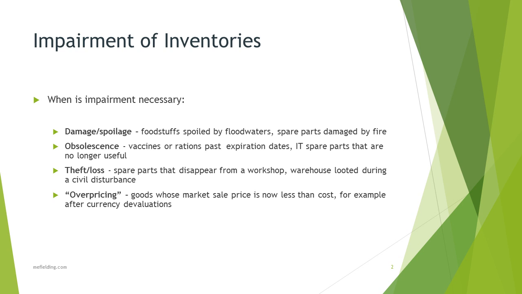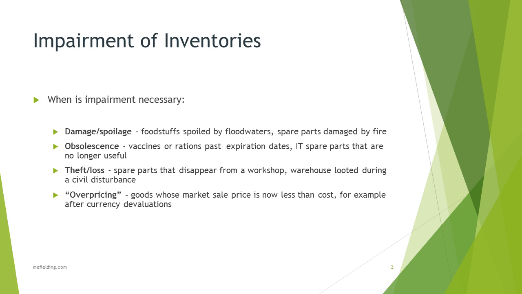Can't say I'm really sure what IT spare parts are, but this could be the kind of thing where you've purchased Microsoft Word discs, and now it's Word 2003, and you're obviously up to 2010 or whatever, and those things are actually just no longer compatible. So we get IT parts where there's discs with updates and upgrades on it, and you can't use them because they're no longer compatible with your ERP.